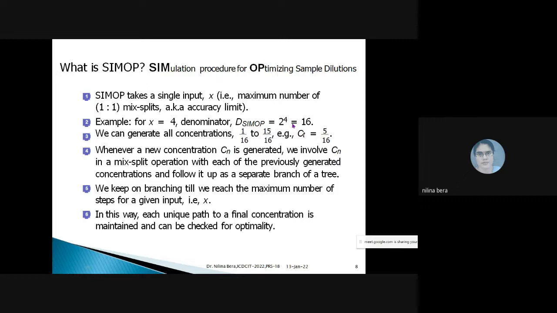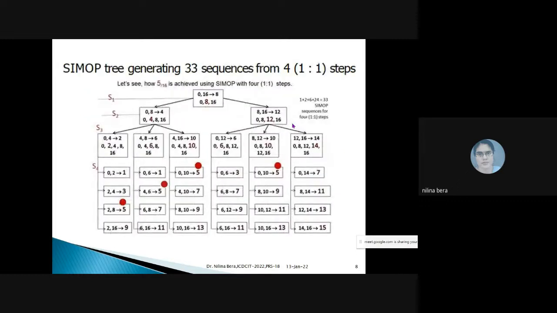So the CMOP tree I am going to explain with that. This one is supposing 4 steps. I am starting with the buffer 0 and the sample 2 to the power 4, that is 16. So the first C intermediate I am getting is 8. In the second step I am getting 2 branches.